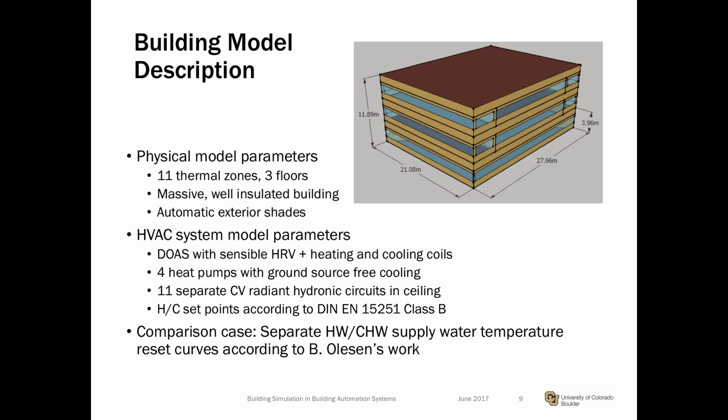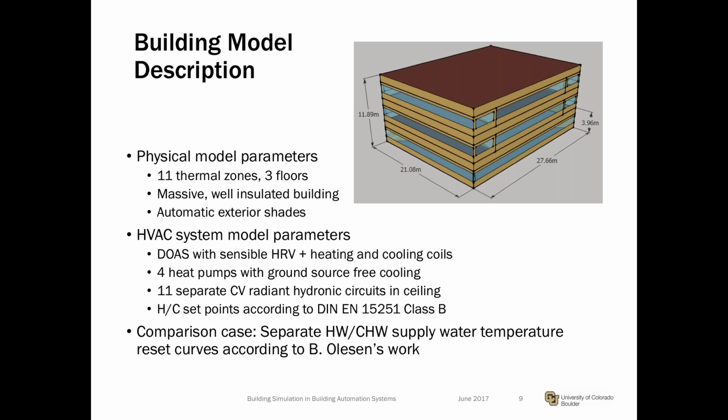The HVAC side of things contains a dedicated outdoor air system with a heat recovery ventilator and associated heating and cooling coils. We have 4 heat pumps with ground source connection. We have 11 individual constant volume radiant hydronic circuits in the ceiling that provide the radiant cooling and heating.